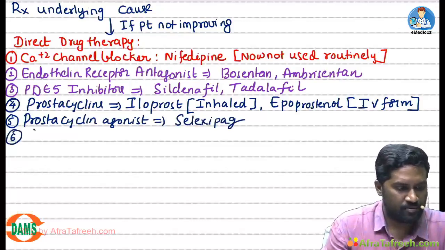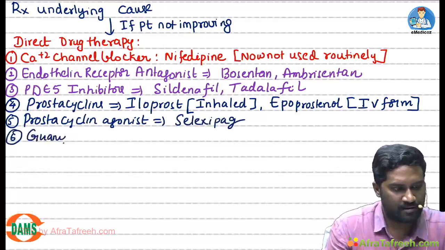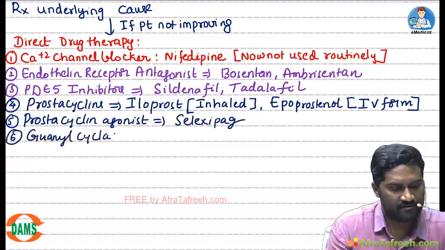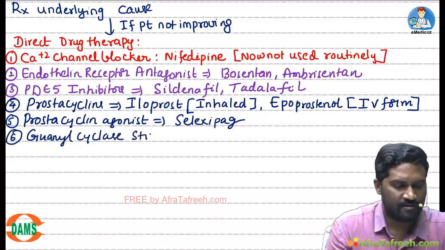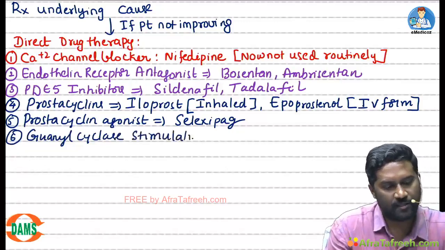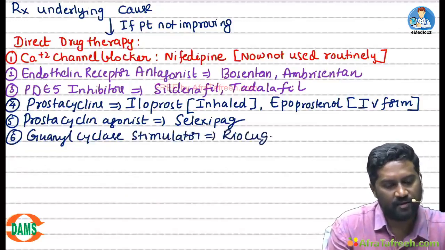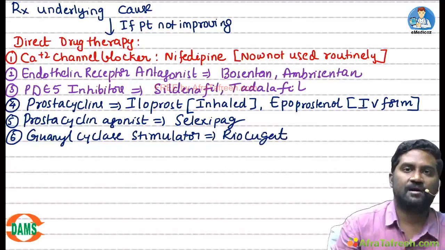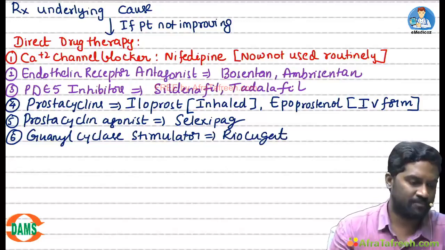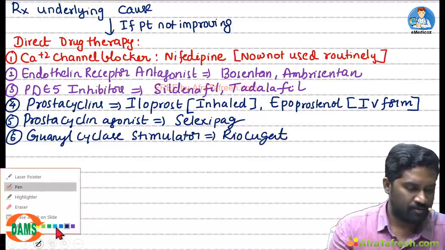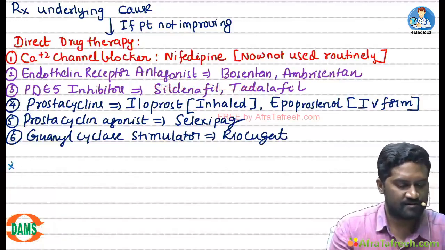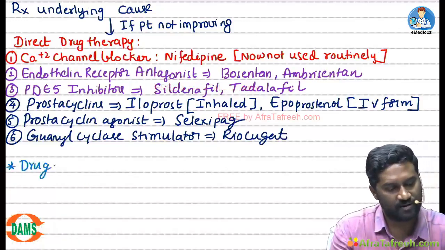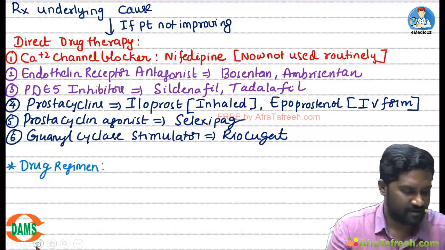Then a new group, guanylyl cyclase stimulator, that is riociguat. These are various drugs helpful in management of pulmonary hypertension. Then how do you prescribe these drugs? Write down the drug regimen for pulmonary hypertension.